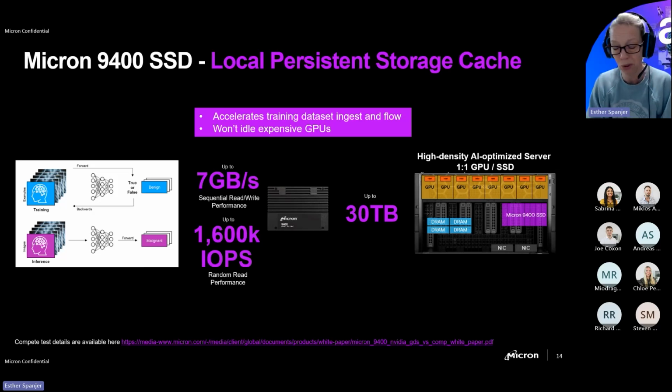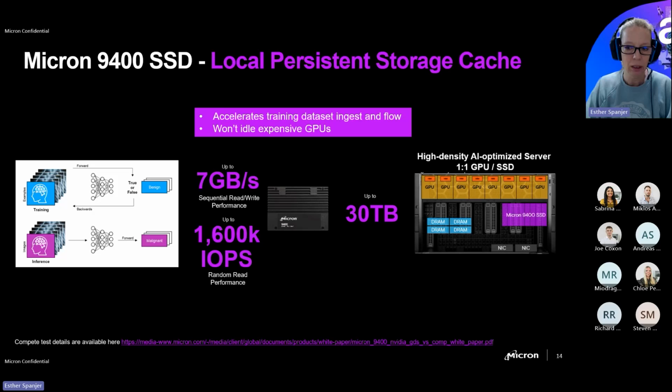GPUs are certainly the most expensive part of your AI server, and so ensuring that they can run and build that model as much as you can, as quick as you can, requires very, very fast storage. And so the 9400 is currently one of the fastest SSDs on the market today, which really would be the right implementation for a GPU heavy AI server.